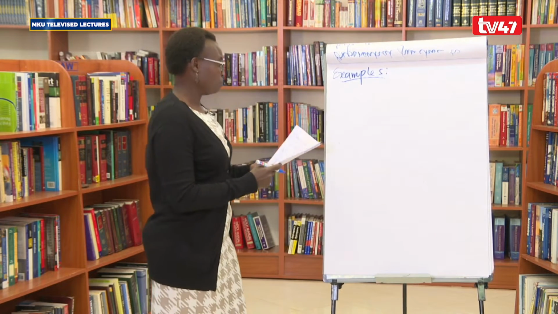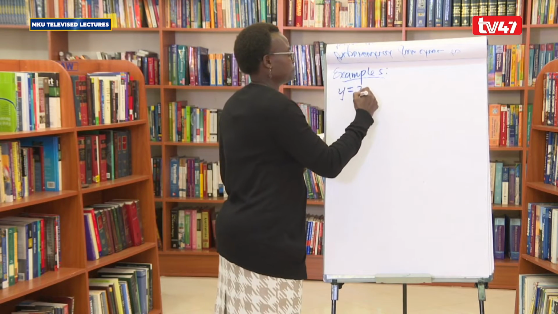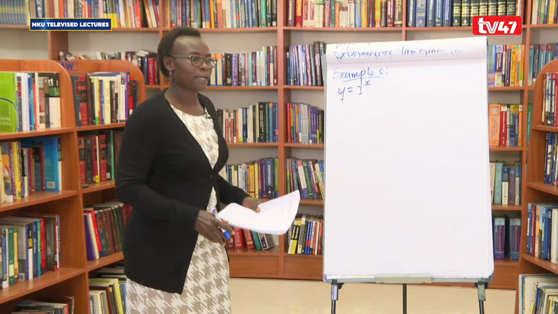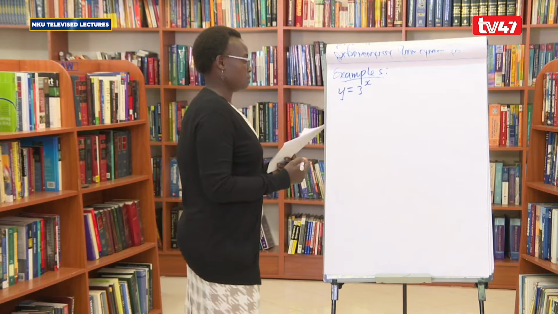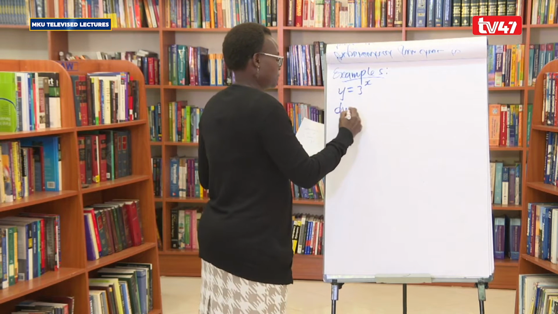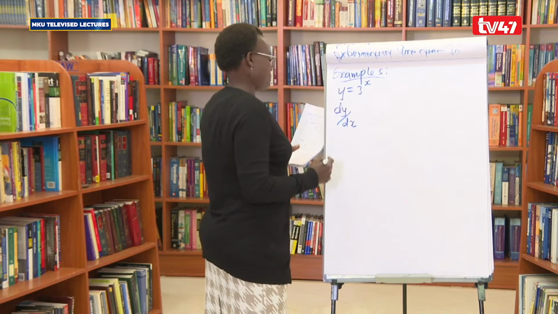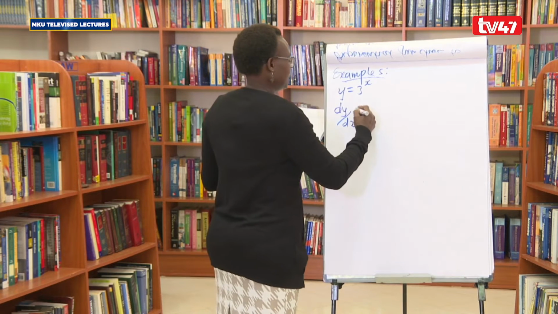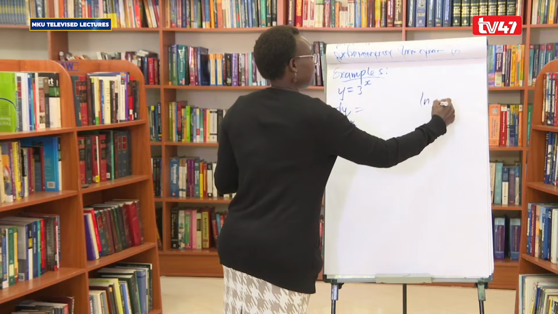So we have examples. And the first example we will do is y equals 3 raised to power x. So we have said that this will give us ln a. So we've said that it's ln a.